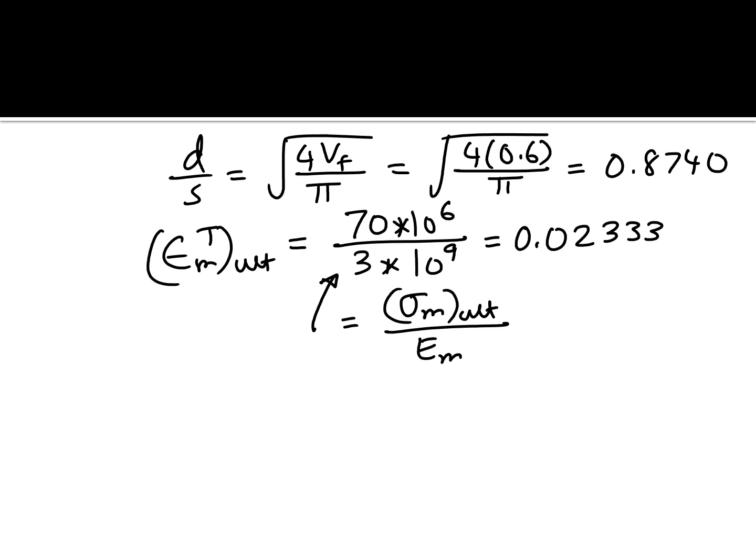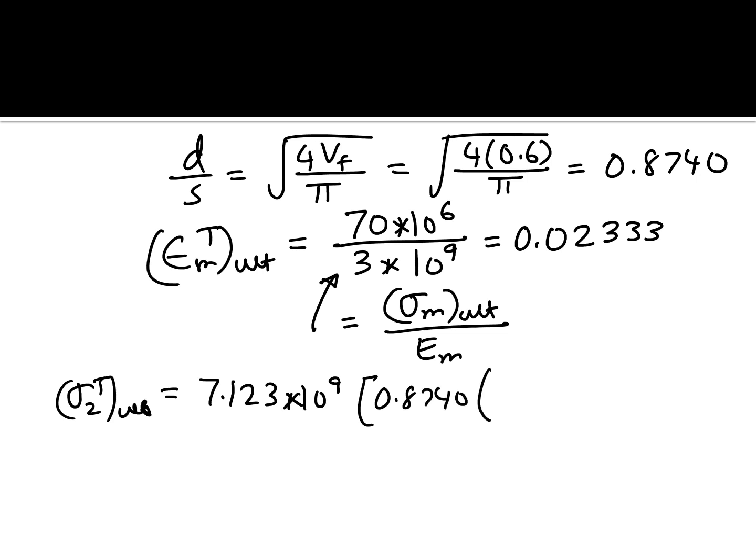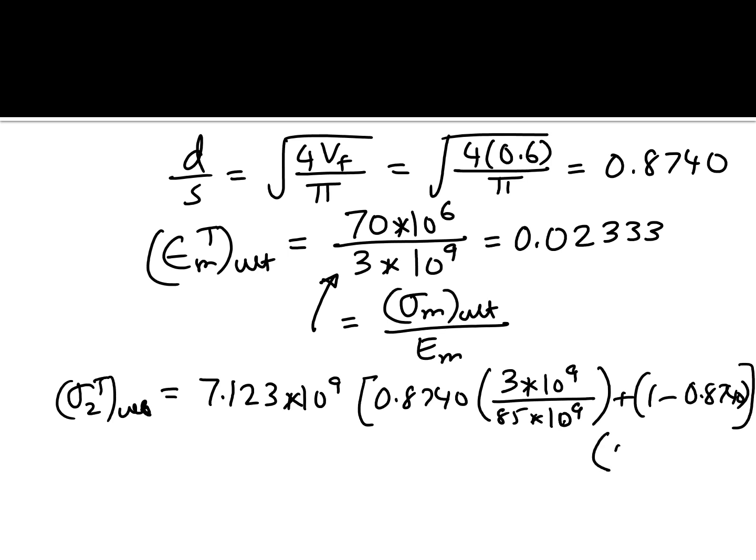So once we have that, let's go and find out sigma 2t ultimate from our formula. So it is equal to E2, which we found as 7.123 gigapascals. Now d by s, which is this, times Em by Ef, 3 gigapascals over 85 gigapascals, then plus 1 minus d by s, and this whole thing is multiplied by epsilon mt ultimate, which we just calculated, which is this number right here.